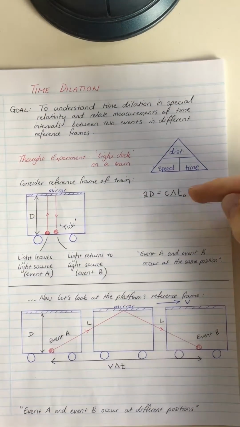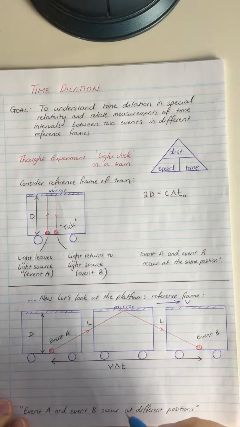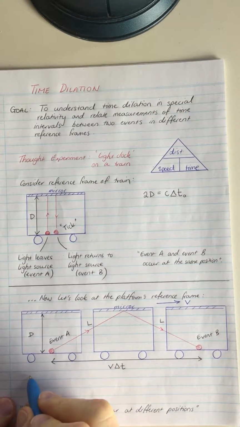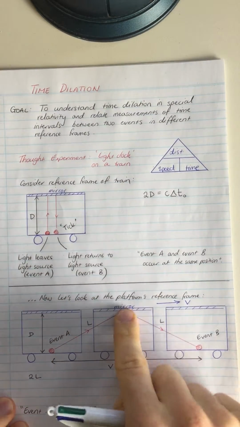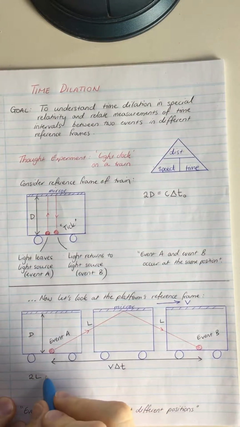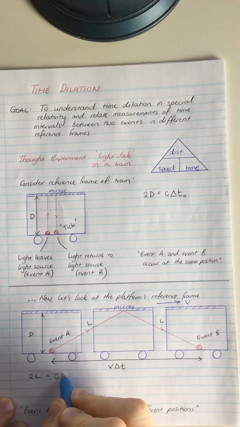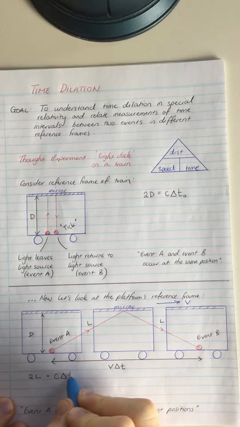In the same sense that we said here 2D must equal C delta T naught, here we can also say 2L, so this path from here to here, that's a total distance of 2L, must be equal to C delta T.